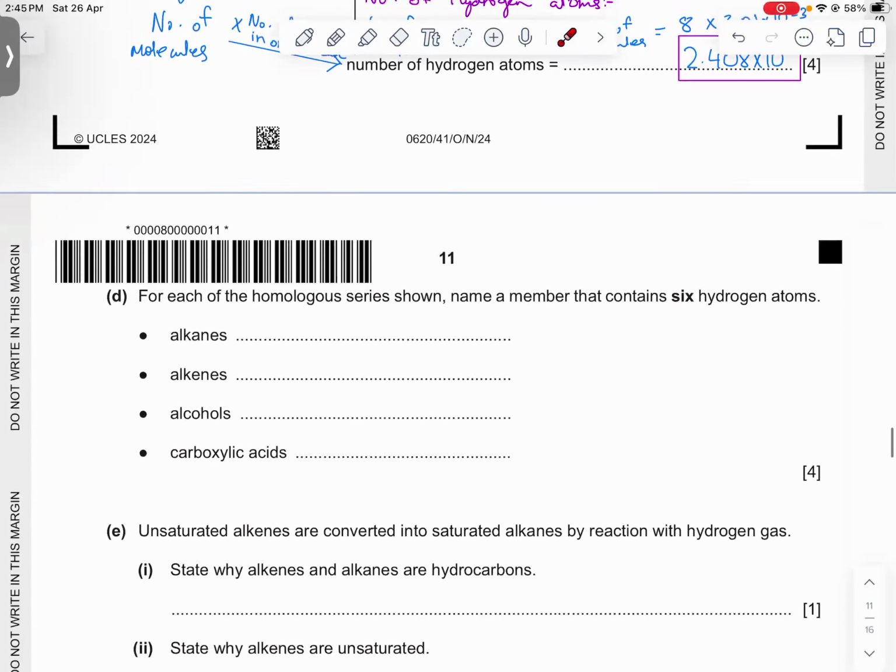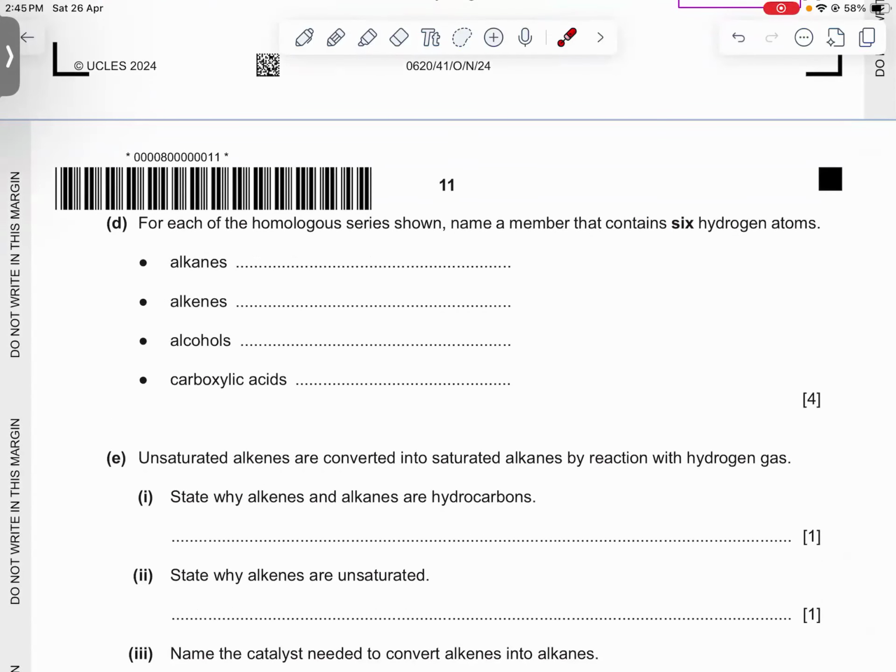Okay. Next question. For each of the homologous series shown, name a member that contains 6 hydrogen atoms. So for alkanes, the member with 6 hydrogen atoms, 6 hydrogens are in C2H6, so that would be ethane.